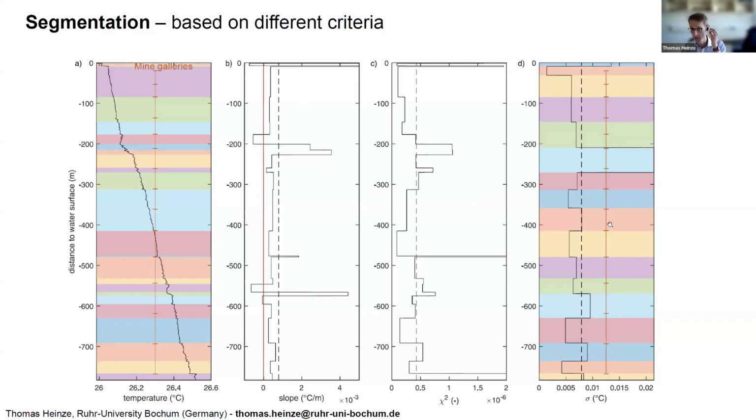You can also do a segmentation, here on the right-hand side, based on noise, simply how noisy or rough my signal is, and you get a somewhat different segmentation. You see this one aligns much more than the other one with the different galleries. So it seems that always when there is a gallery connected to the shaft, there is a change in my noise signal.